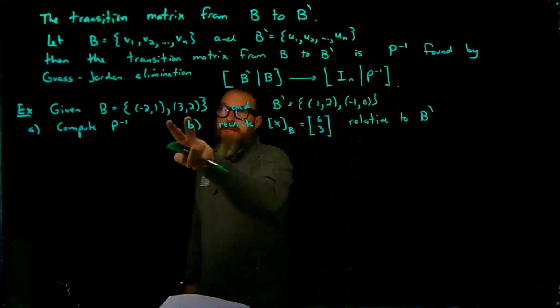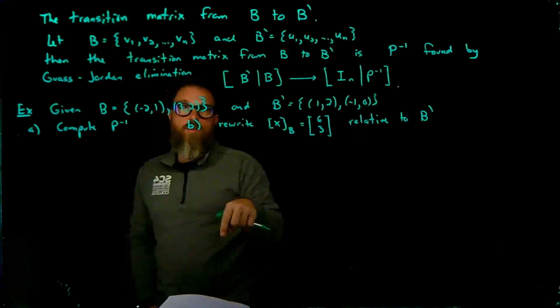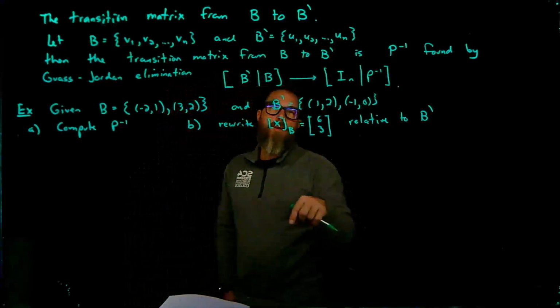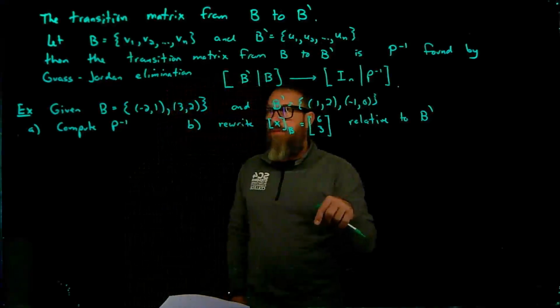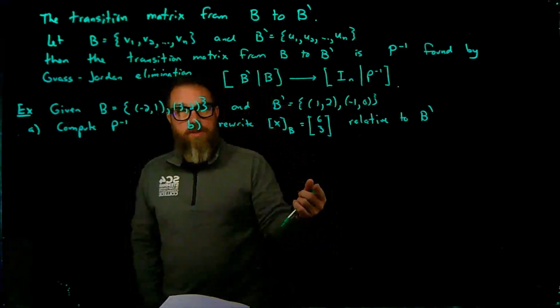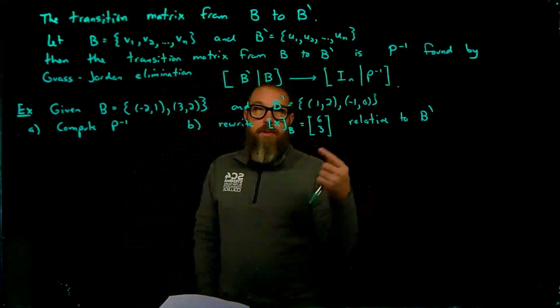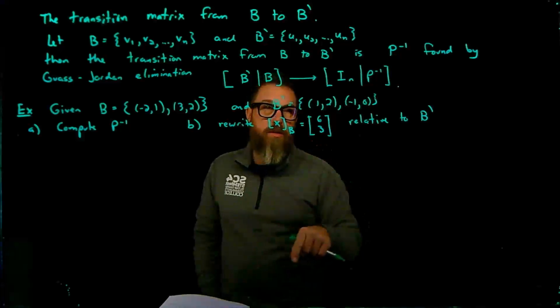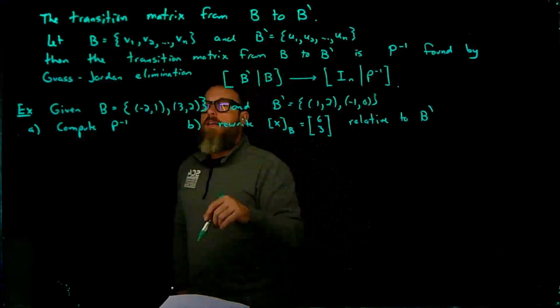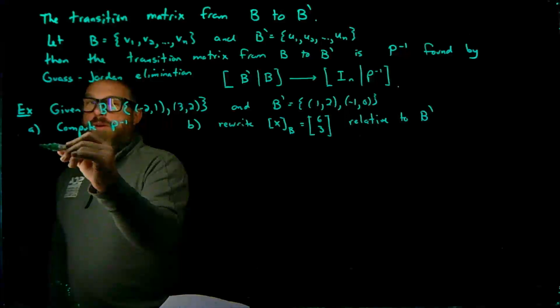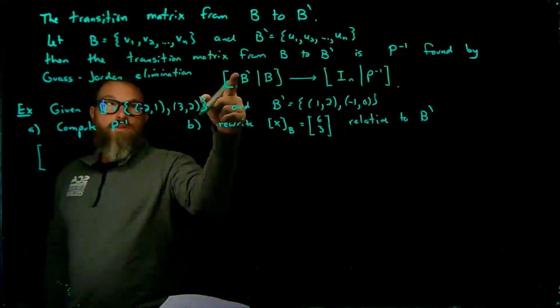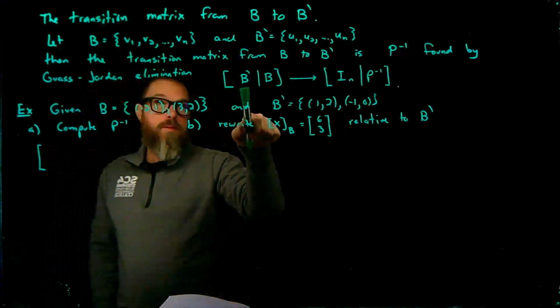So let B be the basis negative 2, 1 and 3, 2, and B prime be the basis 1, 2 and negative 1, 0. First, I'm going to compute the transition matrix from B to B prime, and I'm going to use this transition matrix to rewrite this relative to the basis B prime. So first, let's find that. To compute P inverse, I have to put B prime first.